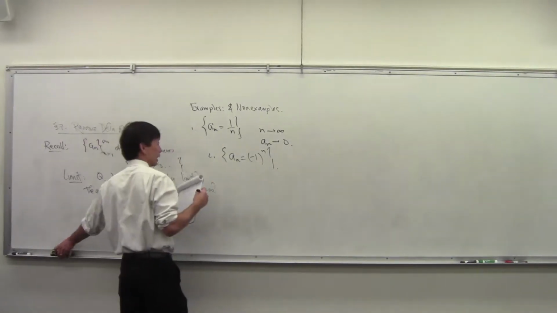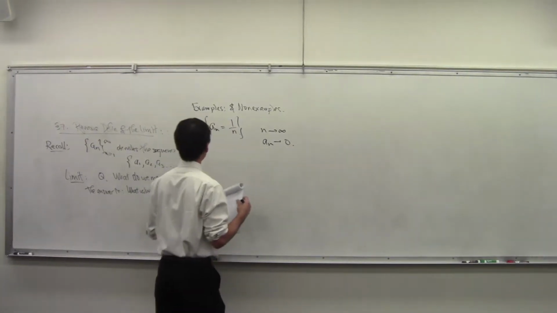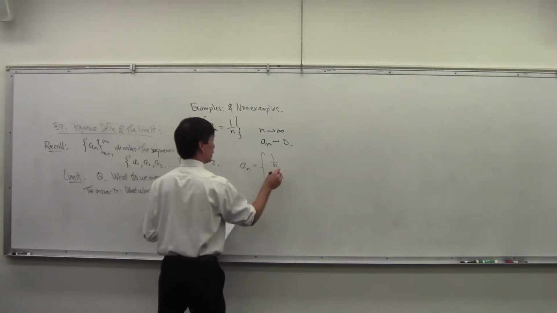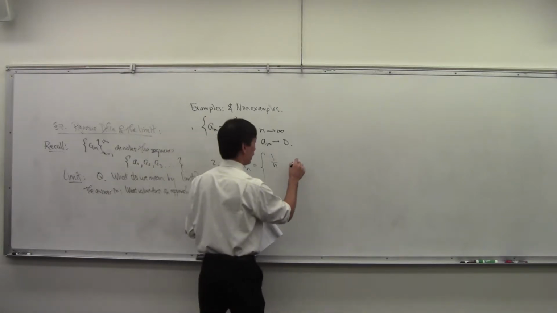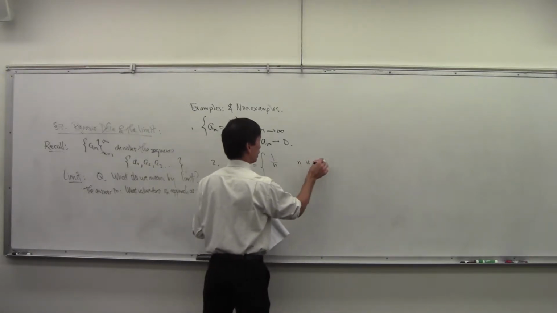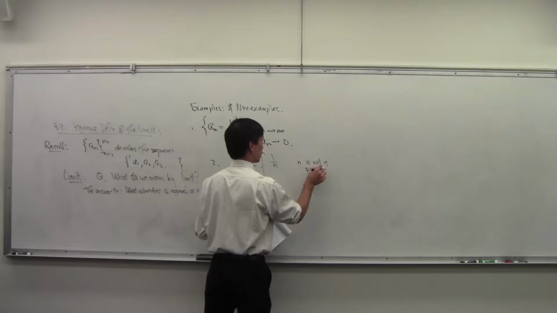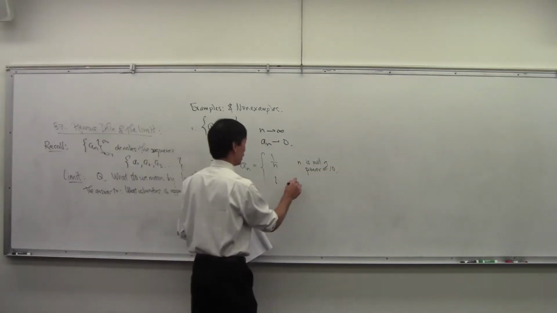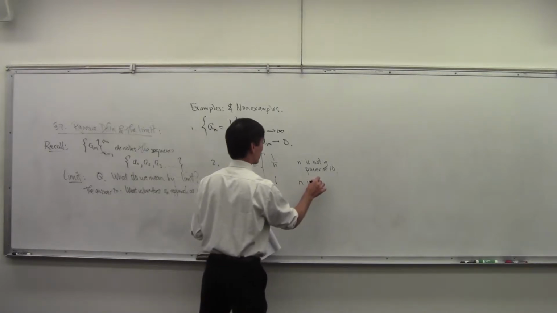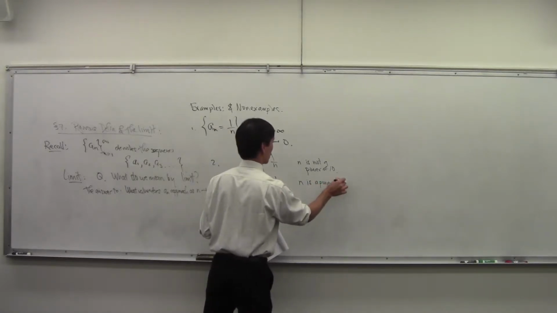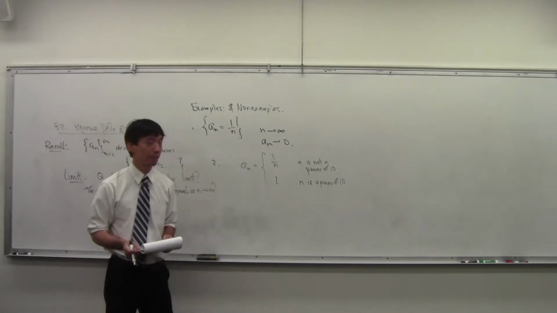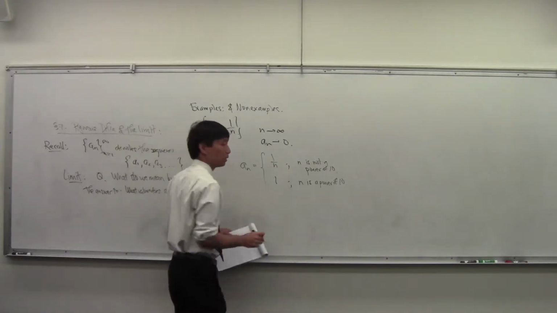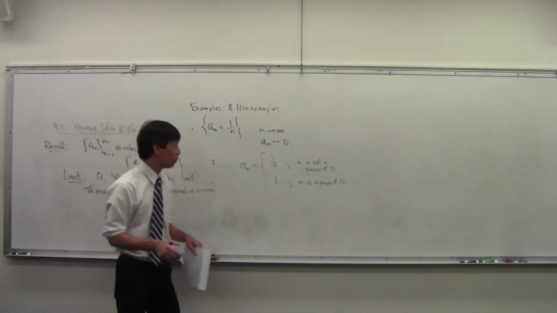Let me give another example. Suppose a sub n is 1 over n whenever n is not a power of 10. But it's 1 if n is a power of 10. So what does this look like?